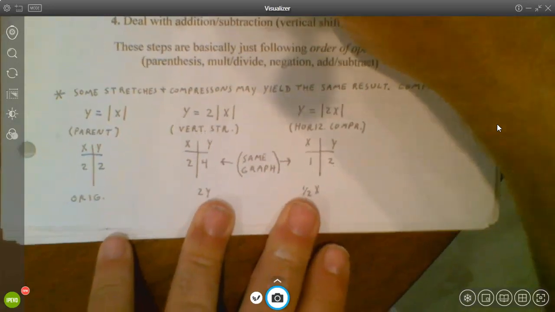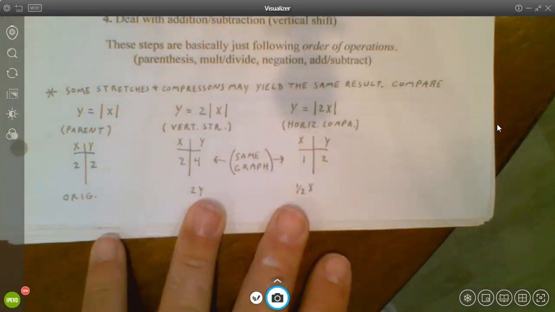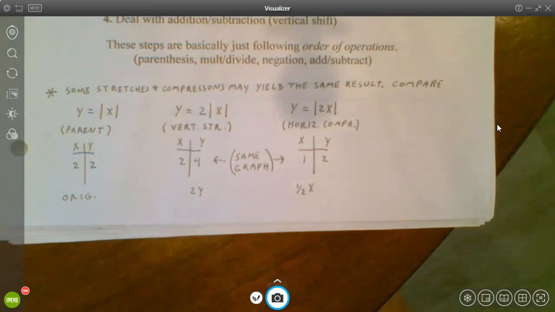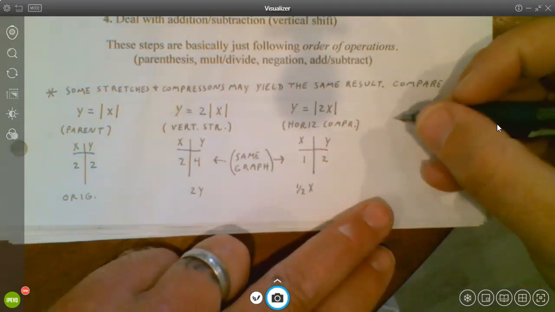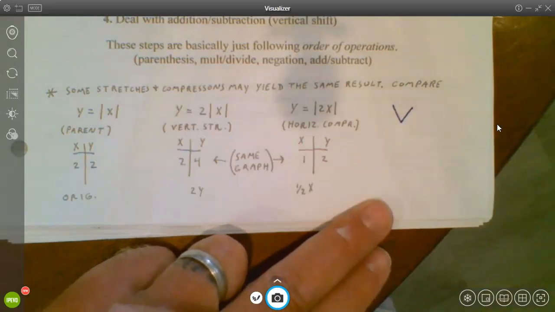The issue with stretching and compressions is a little tricky, because oftentimes you could view something either way. Like you might say a vertical stretch could actually be seen as a horizontal compression. So just to give you maybe a visual here, let's just say this was the original graph, right?